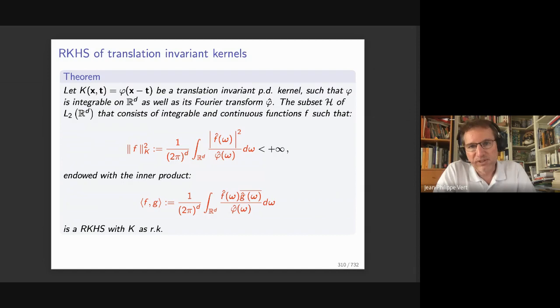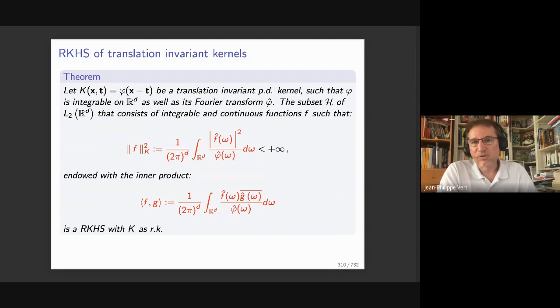And so what we see here is that when you use a translation invariant kernel characterized by a function phi, then phi plays the role of amplifying or not the energy of f, so the f hat(omega), at different omegas. For example, imagine you have some range of omegas on which phi hat(omega) is very small.